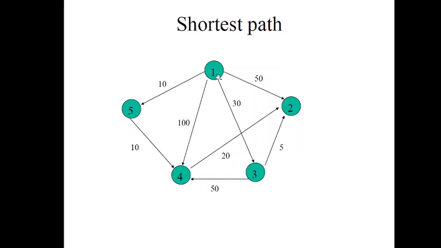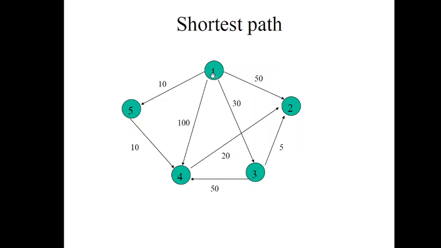Here, taking 1 as the source vertex, just for an example, consider the query: find the shortest path from 1 to 2. You can see from 1 to 2 there is a direct edge, and the weight of that path is 50. You can also travel 1 to 3 and 3 to 2, and the weight is 30 plus 5, 35.